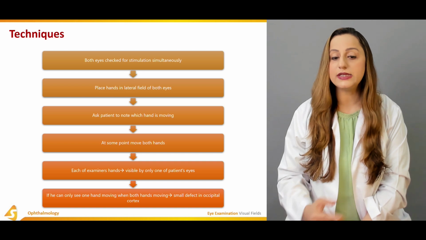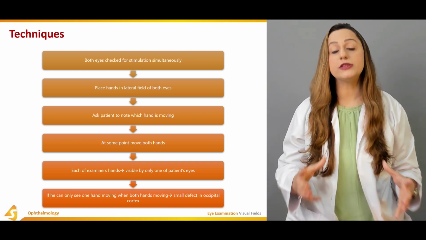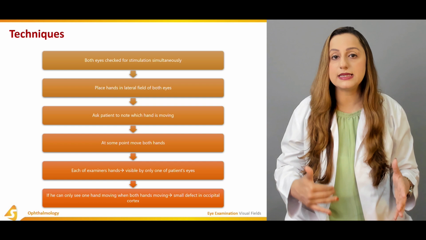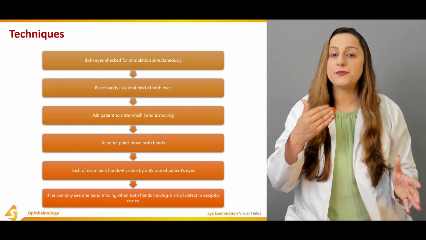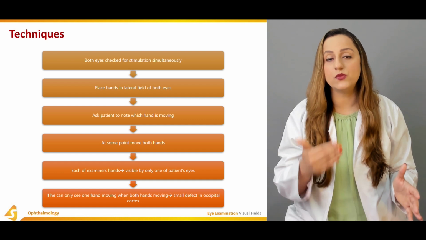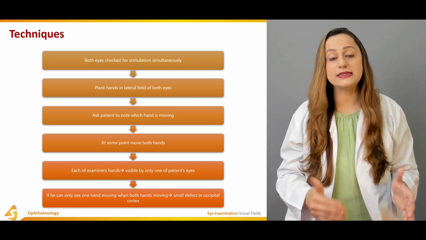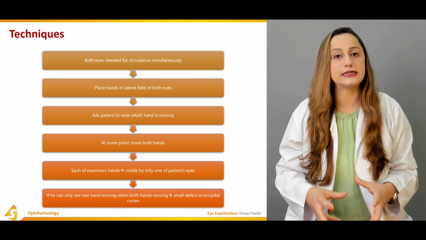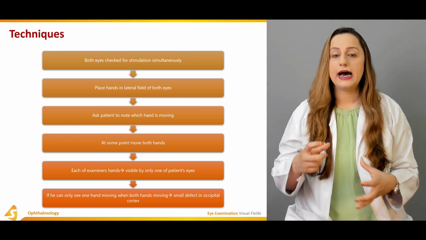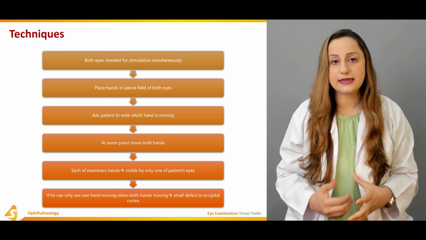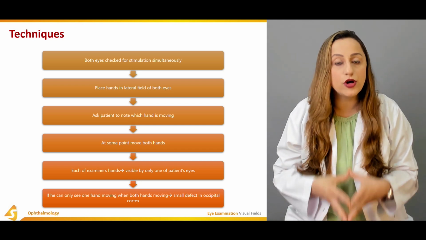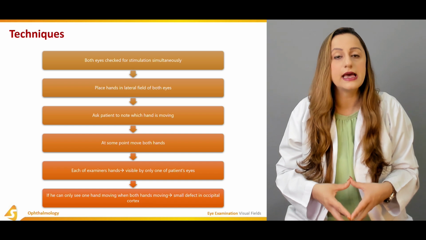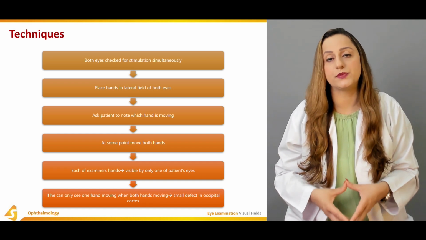You as an observer can see both hands moving, but the patient can only detect one movement of the hand. That means that there is some small defect in the occipital lobe. The brain signals are basically affected in this case, and usually the center of the brain involved in detecting these signals is the occipital lobe.